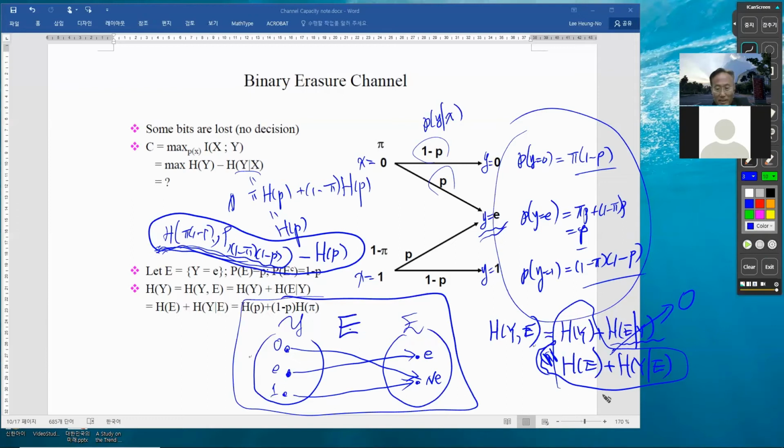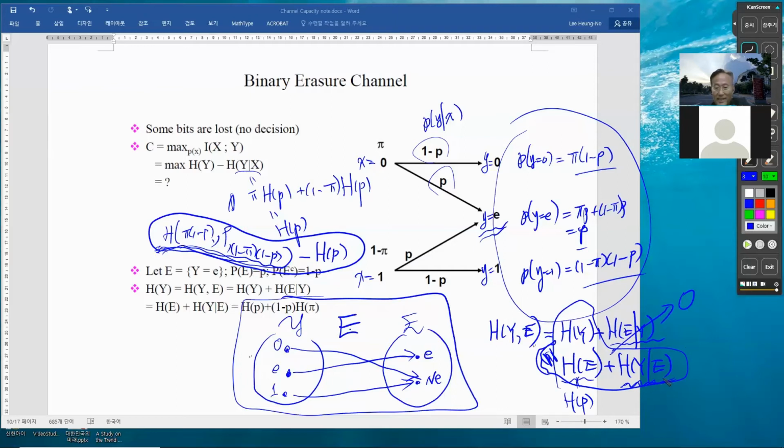So for H(E), the distribution is p and 1 minus p. So this part is nothing but H(p). And what about this part? H(Y|E).